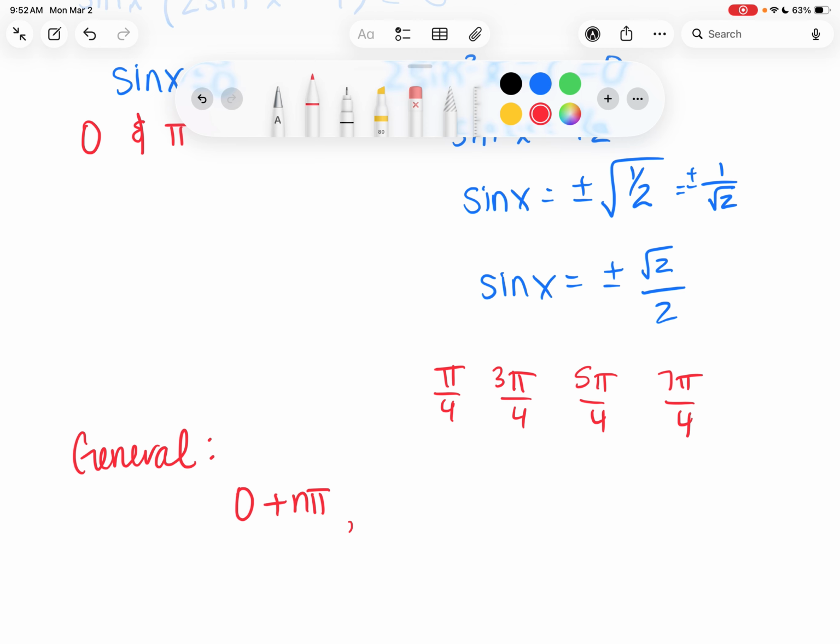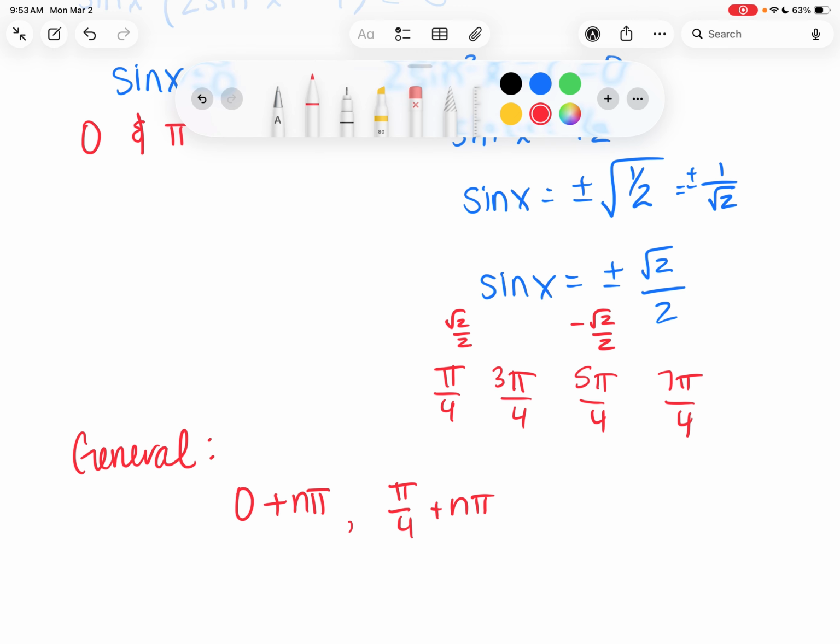So, even though this one is the positive root 2 over 2 and this is a negative root 2 over 2, both of these are solutions, right? Yes. So I can say pi over 4 plus n pi, and that takes care of that one.